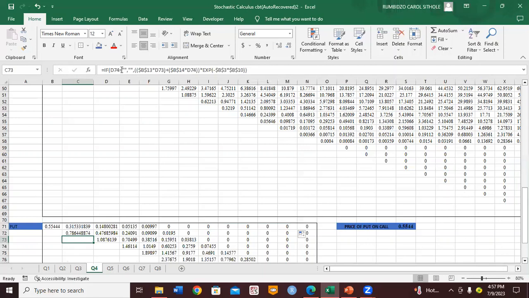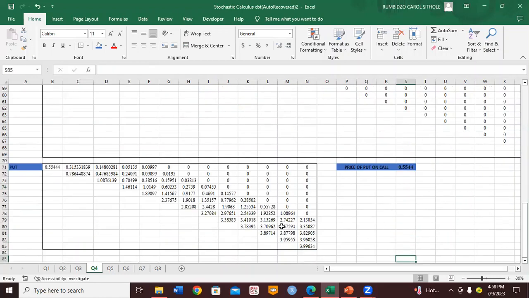If D74 is blank, it will leave it blank. If it's not, it will do this calculation. Because B74 is blank, this is why our cell is blank. That's how our binomial tree comes out. The price that we have here will be the price of the put on call, which is 0.544. This is the figure that we are looking for.